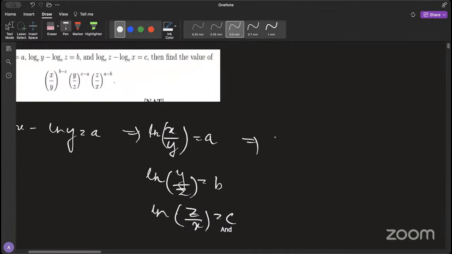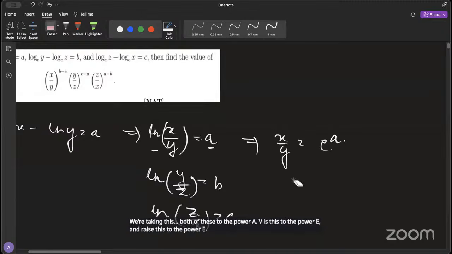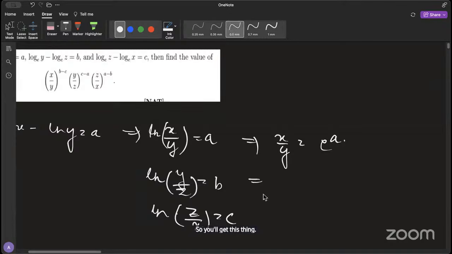And then this will give you x by y is equal to e to the power a. So we're taking both sides and raising e to that power, so you'll get this. Same we do here, we'll get y by z is equal to e to the power b.